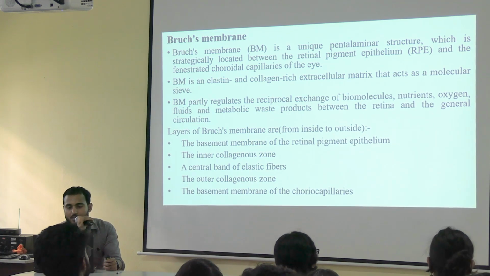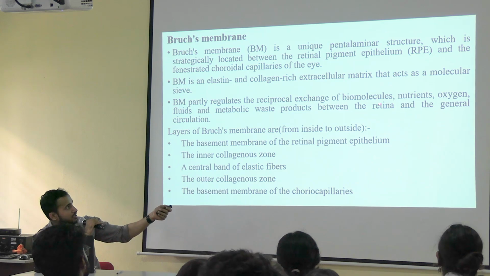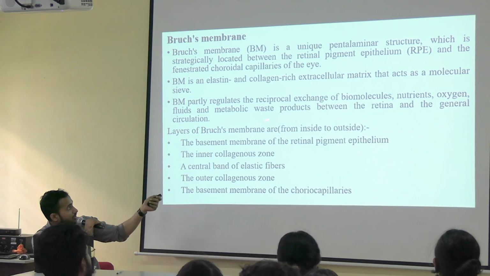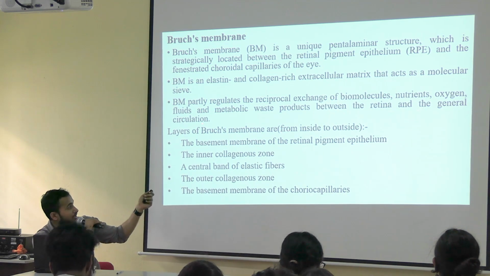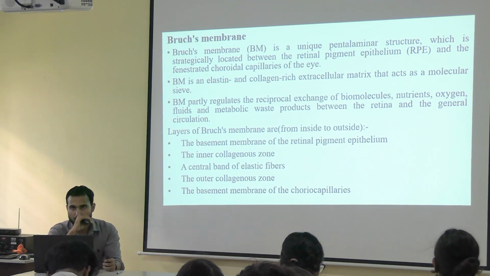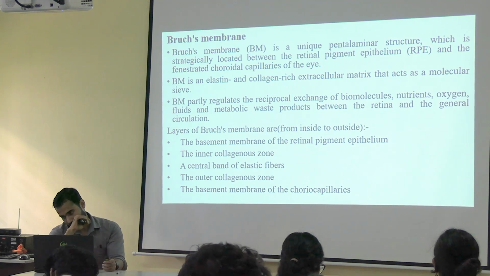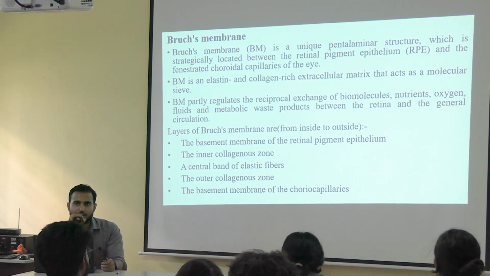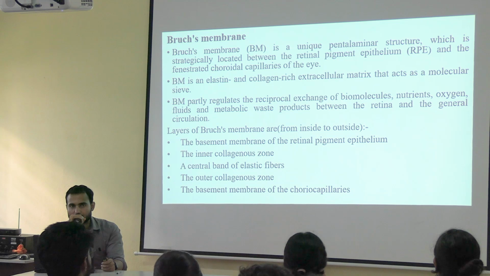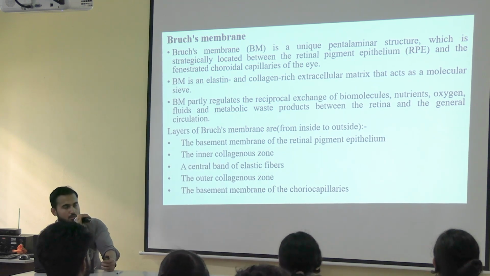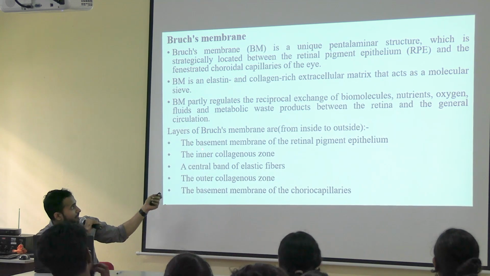Now it regulates the reciprocal exchange of biomolecules such as nutrients, oxygen, and metabolic waste products between the retina and the general circulation. Now we'll not go into detail about the layers, just the names of the layers are enough. As you can see, the Bruch membrane has 5 layers.